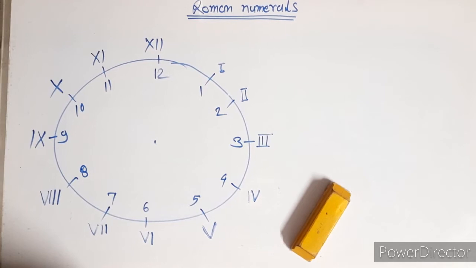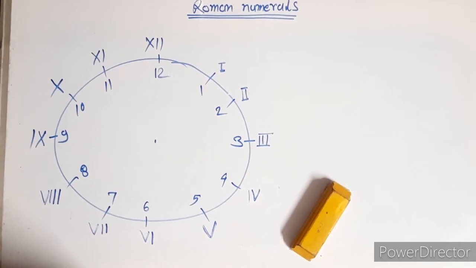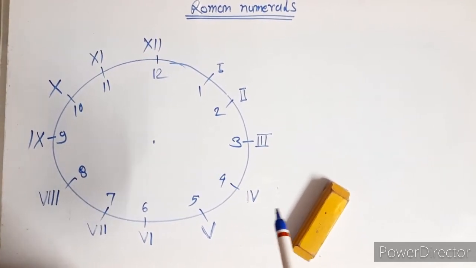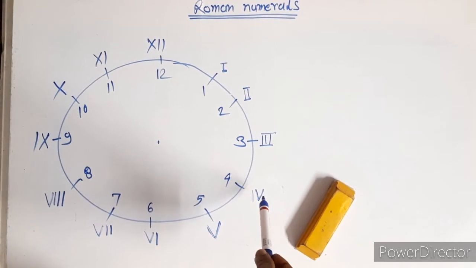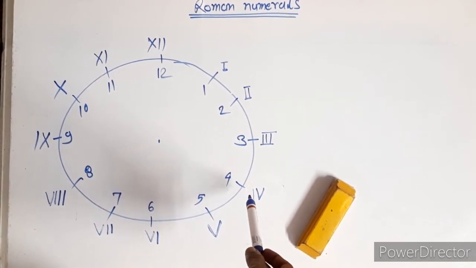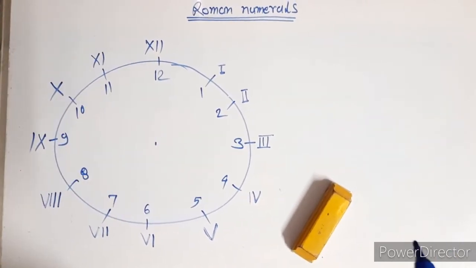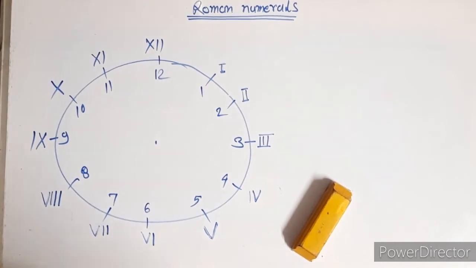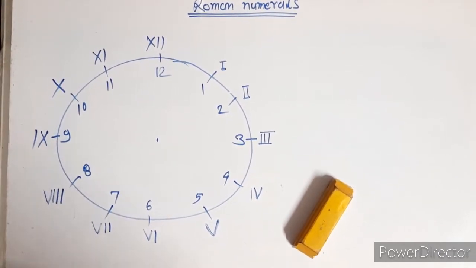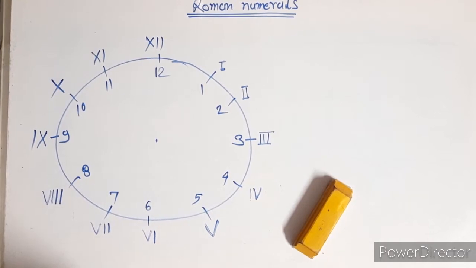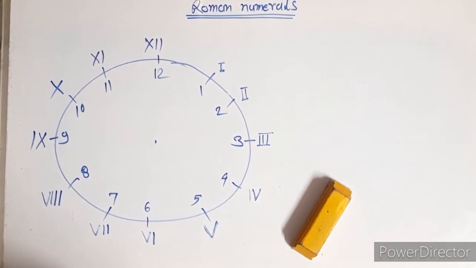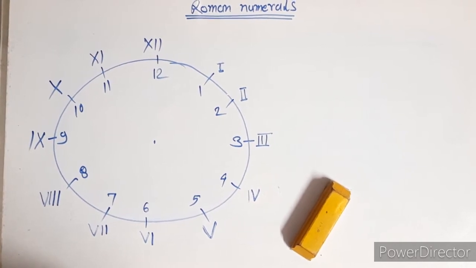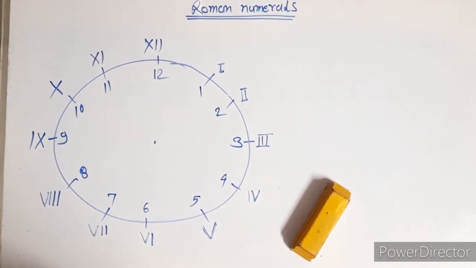Now it means subtraction. So we use there V minus 1. If we use the smaller number, write to the left side of the bigger number, we get subtraction.